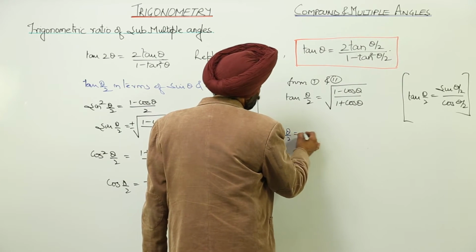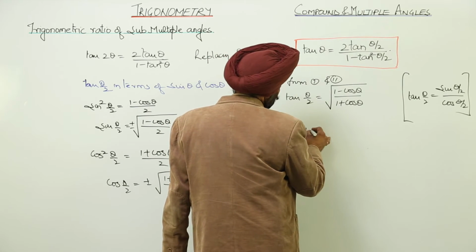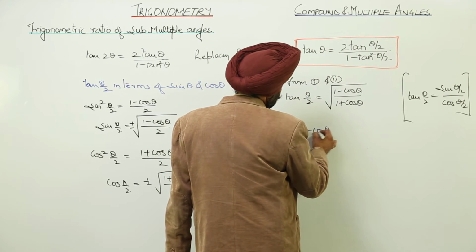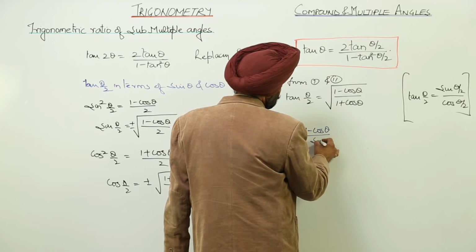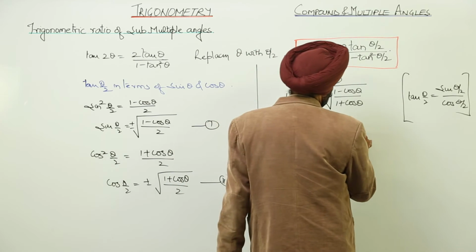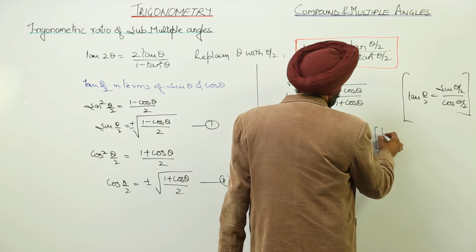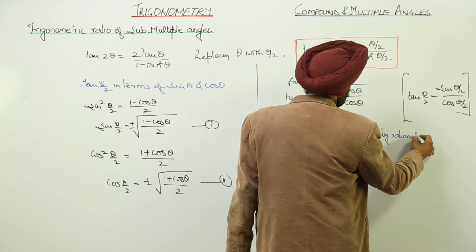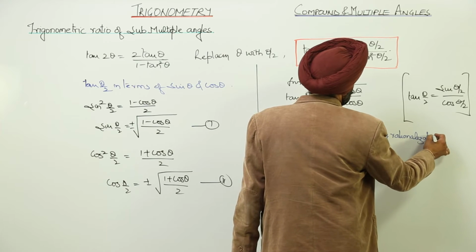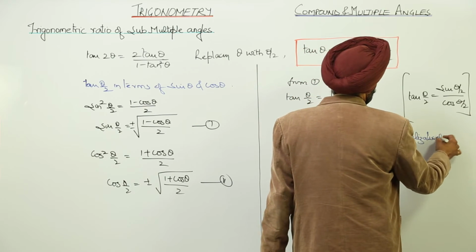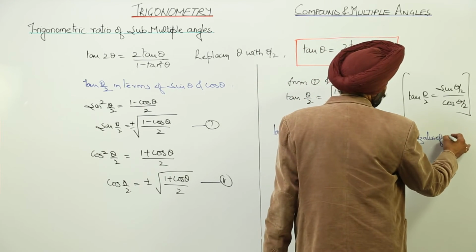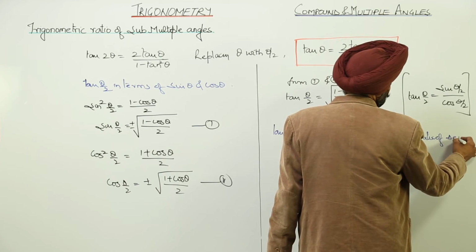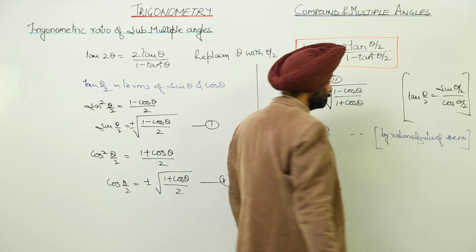Now tan theta by 2 is equal to 1 minus cos theta upon sin theta, by rationalization of the denominator.